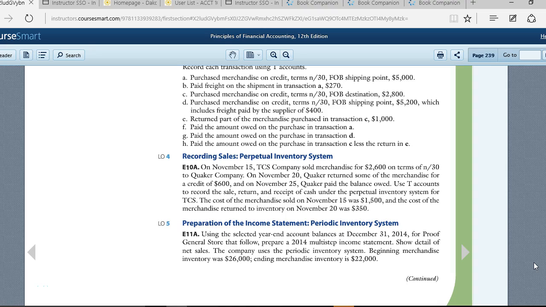So let's start by talking about the November 15th transaction. The November 15th transaction tells us that we sold merchandise to Quaker Company for $2,600 on credit because we're not going to get paid for 30 days.